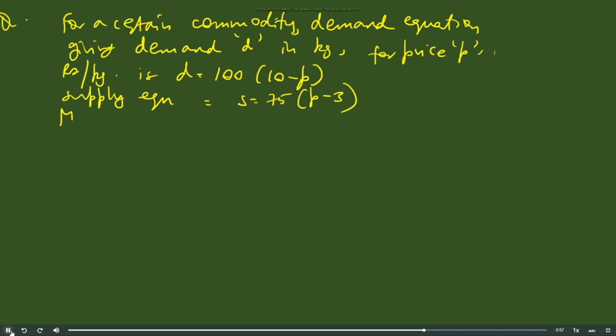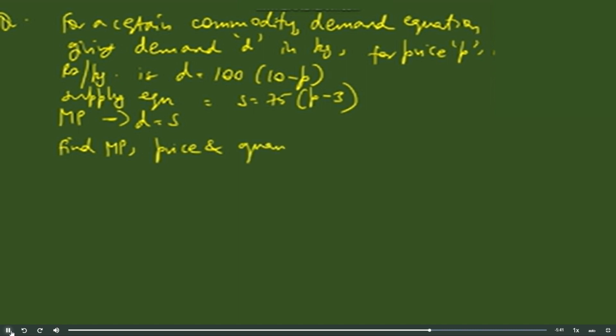Market price is the price at which demand equals supply. Find the market price and quantity bought and sold.